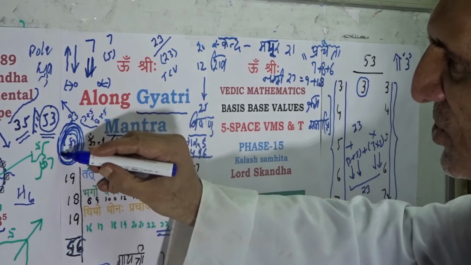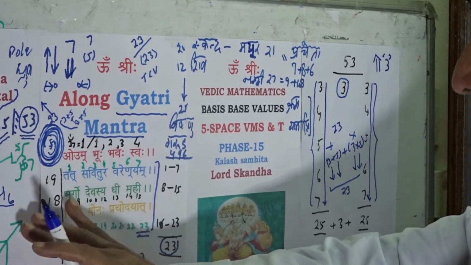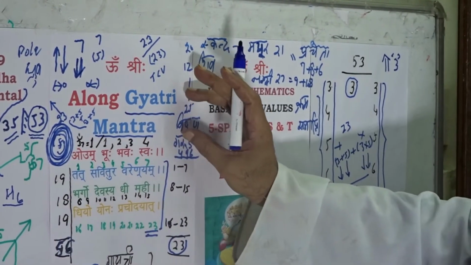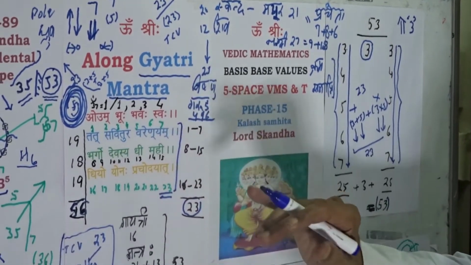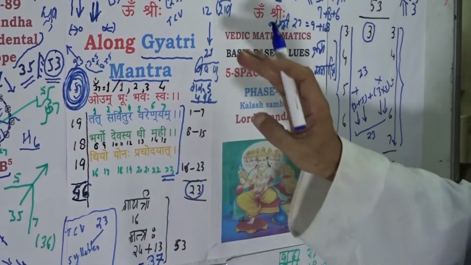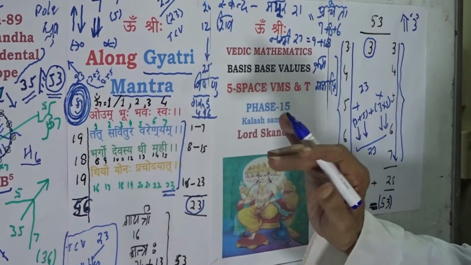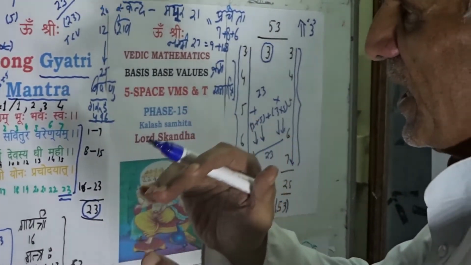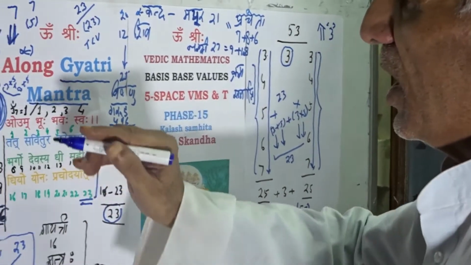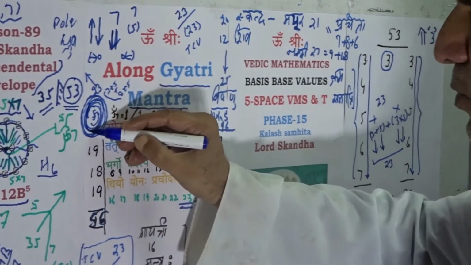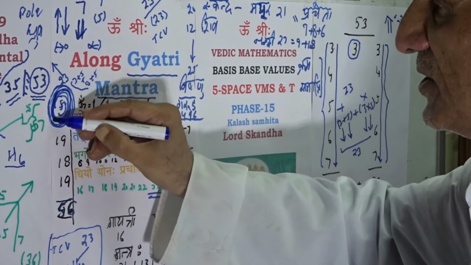Therefore, when we are along the Gayatri Mantra format, or when we are on the Gayatri Mantra path, that would mean that we are along the creative boundary of the transcendental domain.